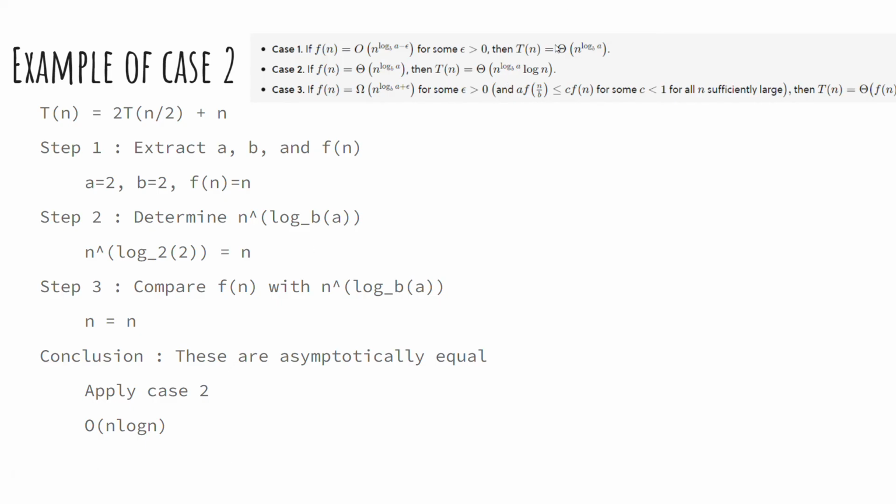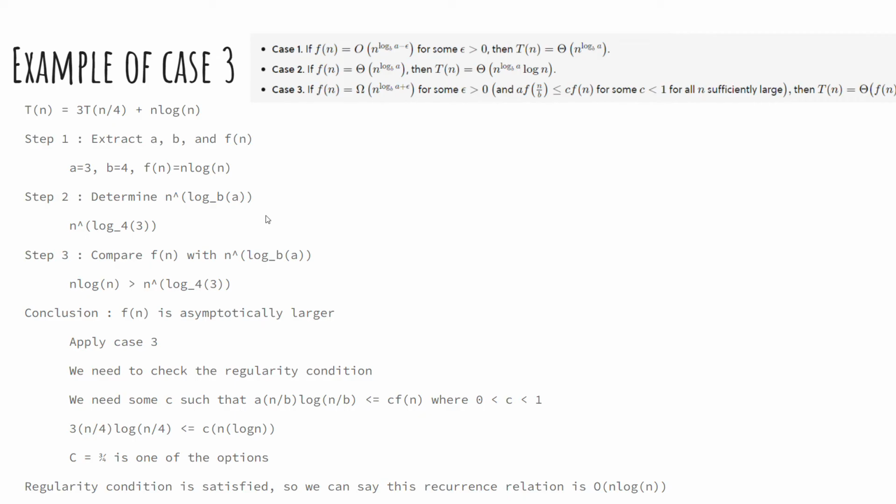In our case, n^(log_b a) is n, and then we multiply it with log n, so we get O(n log n). Or we can also call this Θ(n log n), by the way. We'll just use the big O notation for this class, I guess. And so yeah, that's that.